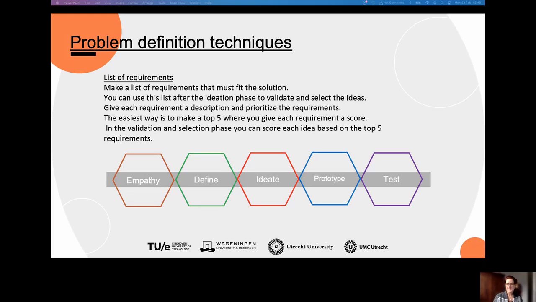And this is also a technique that you do in an interview or in a discussion with your client, or maybe with other stakeholders. So really think of the top 5 demands that are really important, and that the solutions that you will develop in a later stage, those requirements must be met. So that's also a way to converge on what the real problem definition is.